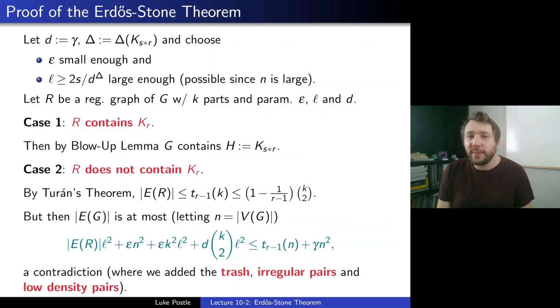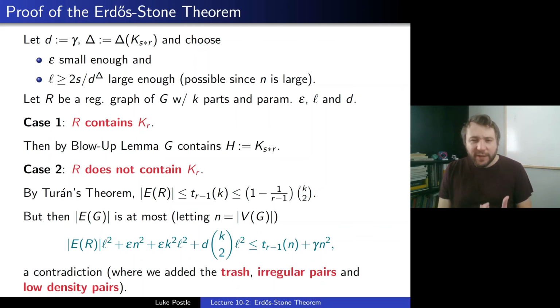So now if you think about what this says, you go through it: e(R) times L squared is basically at most t_{r-1}(n) roughly. We have an epsilon n squared for the trash. The epsilon k squared L squared, well, k times L is at most n, so that's at most epsilon n squared. And then d is small, right? So we get k squared L squared over 2, that's n squared over 2, and d is at most gamma.